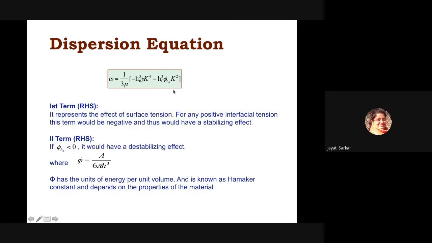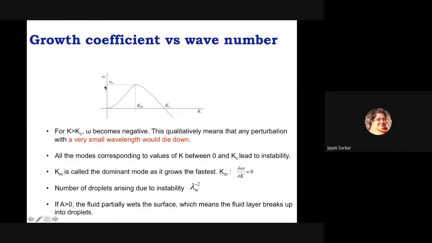This term will be positive, and this will lead to the growth of the waves that we have seen. If I draw omega as a function of k, you will see that there is a region between 0 and kc. This is a critical wavenumber below which the growth rate is positive.